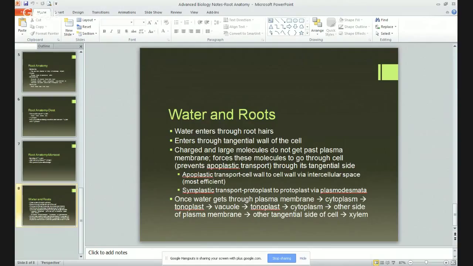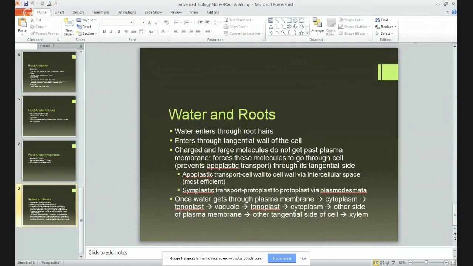With apoplastic, water is going to maneuver from cell wall to cell wall through the intercellular space, which happens to be more efficient.